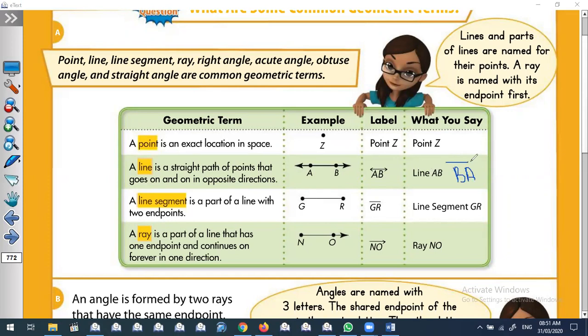No problem if you change the name. GR is a line segment, I can call it RG. No problem. But the ray has only one way to say it, with the starting point NO. I can't say ON. I can't say the ray is called ON.